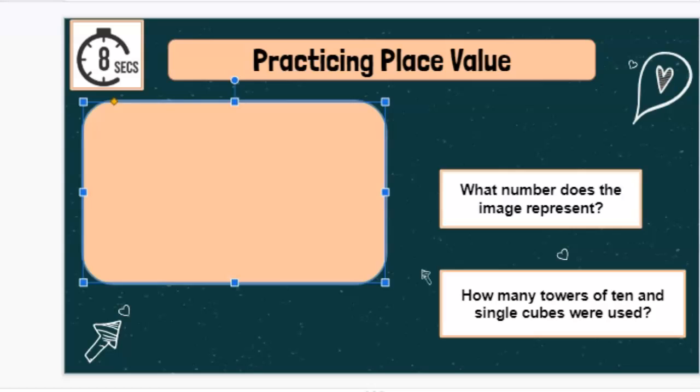What number does this image represent? Right you are, 34. How many towers of 10 and single cubes were used? Right again, we used 3 towers and 4 single cubes. Let's go on to the next one.